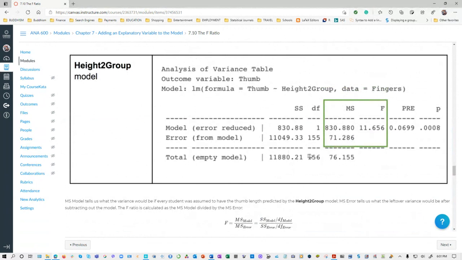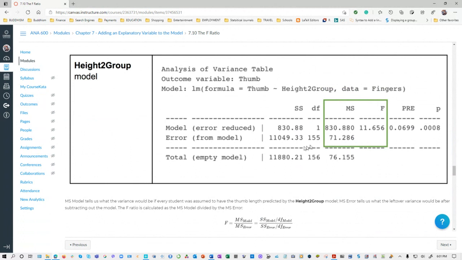Last time, PRE meant how much was explained by the model, how much of the sum of squared residuals was explained by the model compared to what was left over unexplained by the empty model.